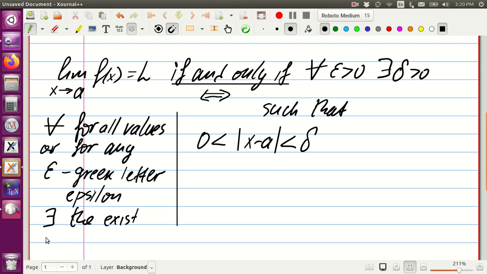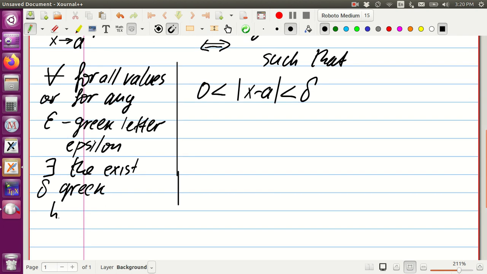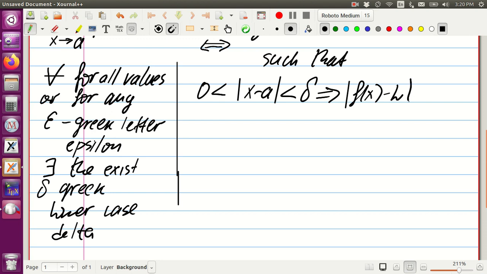I didn't really say this is the Greek lowercase delta. So such that as soon as 0 is less than |x minus a| less than delta, that would imply that |f of x minus L| is less than epsilon.